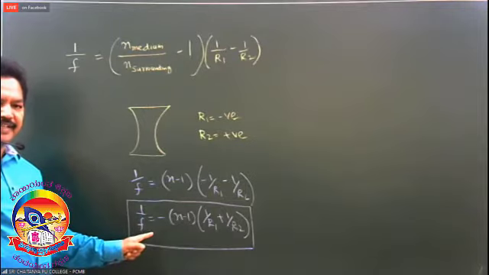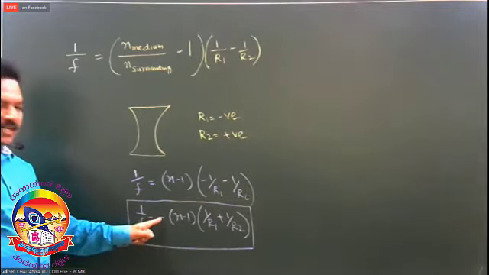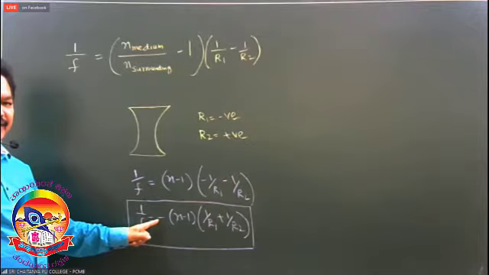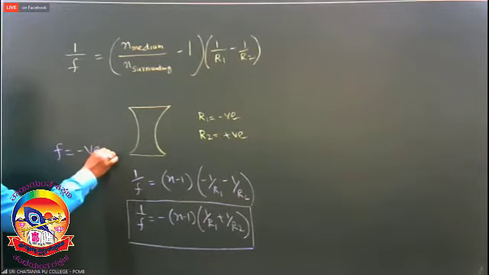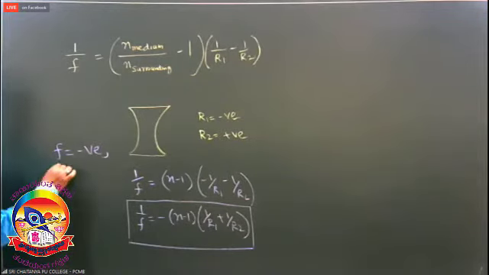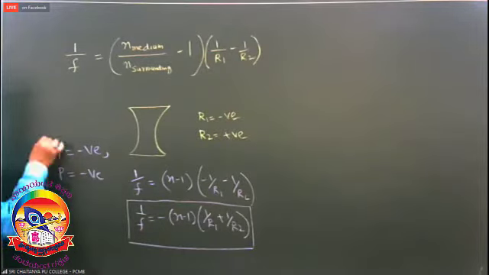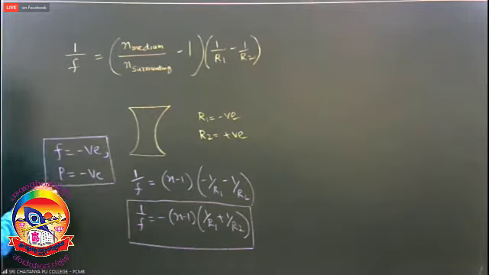From this, it is very clear that the focal length of the concave lens is always negative. If the focal length is negative, then the power of the concave lens is also negative. In case of a convex lens, the focal length we got is positive, and the power is also positive.